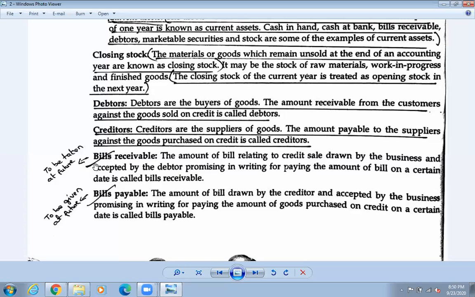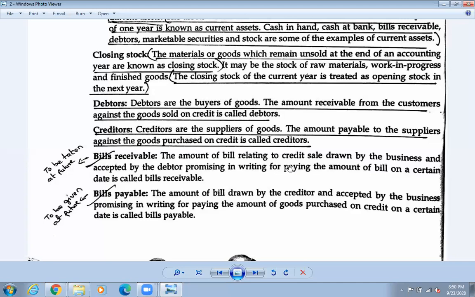Okay, bills receivable means those amounts. Bills means the money, because when you give the bill, they will give you money. So those bills, those amounts which are to be received but in the future, which are to be taken, that means received in the future, they are called bills receivable. So credit sale basa. बाँकी मा गएको छ सामान, तर त्यो बाँकी सामान मैले पाउनु पर्ने छ. I'm the Saudi over here.